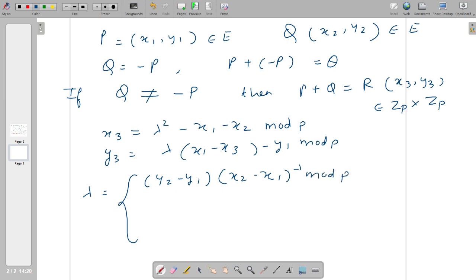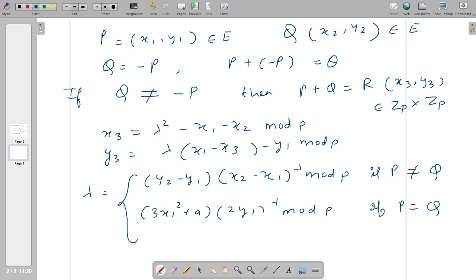Otherwise, in the real numbers it was (y2 minus y1) upon (x2 minus x1). So because it is a mod p operation, lambda is (y2 minus y1)(x2 minus x1) inverse mod p if P is not equal to Q, and (3x1 square plus a) into (2y1) inverse mod p if P is equal to Q.